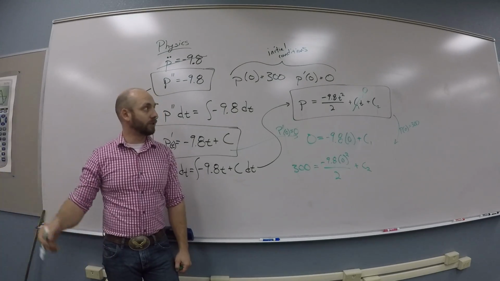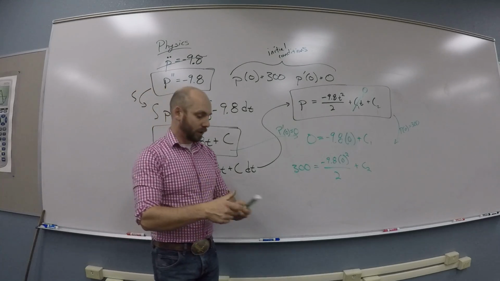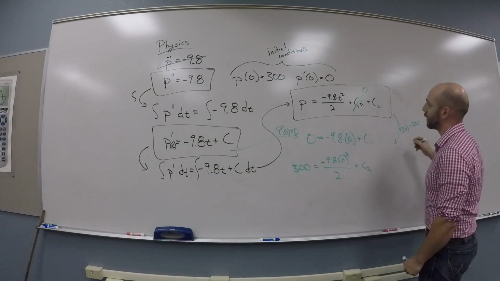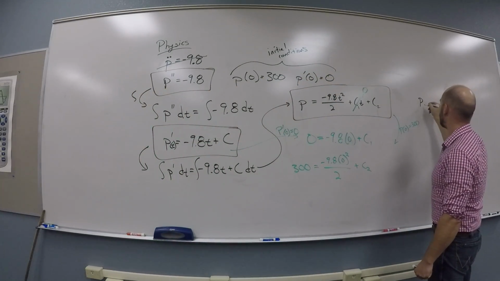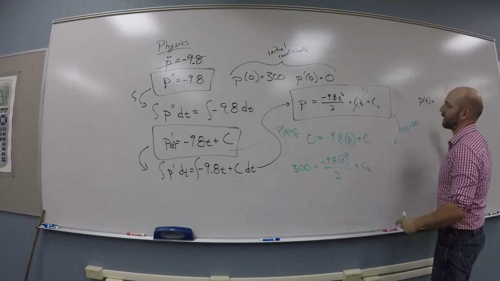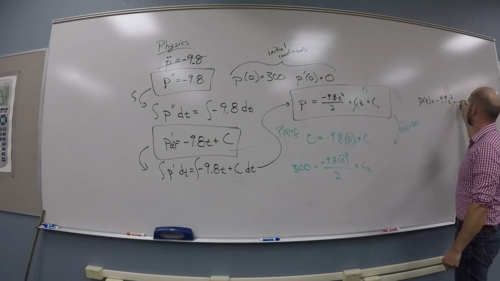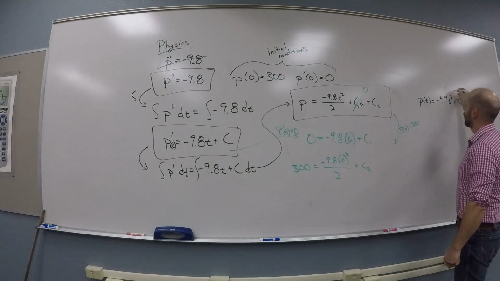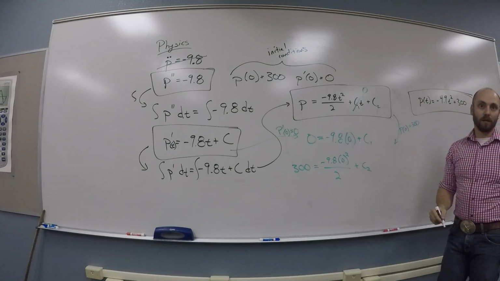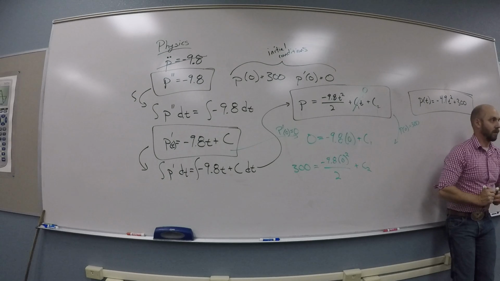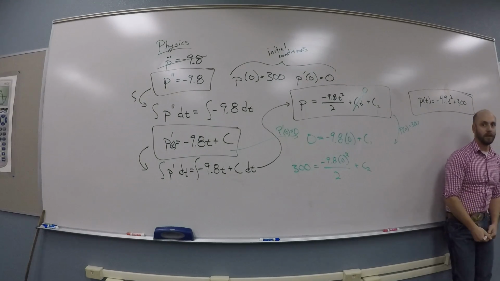Yeah, so you get C2 is 300. So all told, at the end here you get one solution, and it's P as a function of t is minus 4.9 t squared plus 300. All good with this?